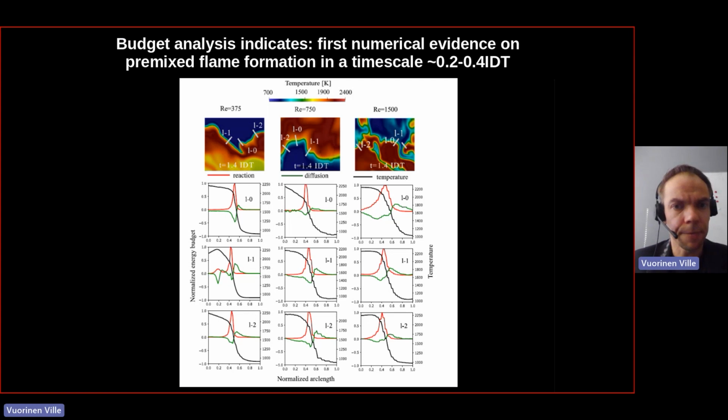Here you see 3 different Reynolds numbers, 375, 750, and 1500, and we look at the budget balance of the diffusion and reaction terms. This balance indicates that something resembling a premixed flame deflagration occurs in this kind of shear-driven problem.